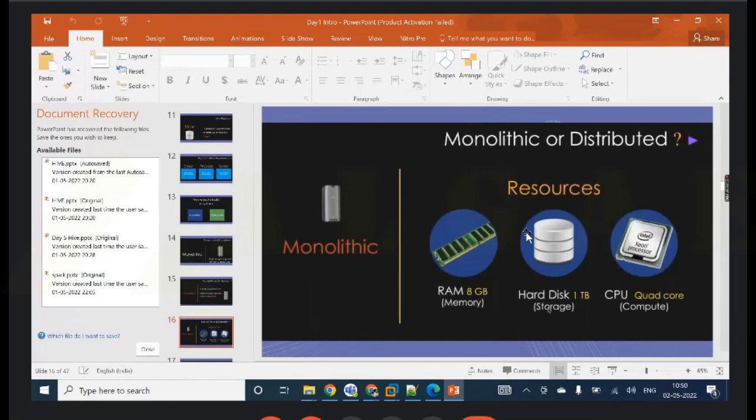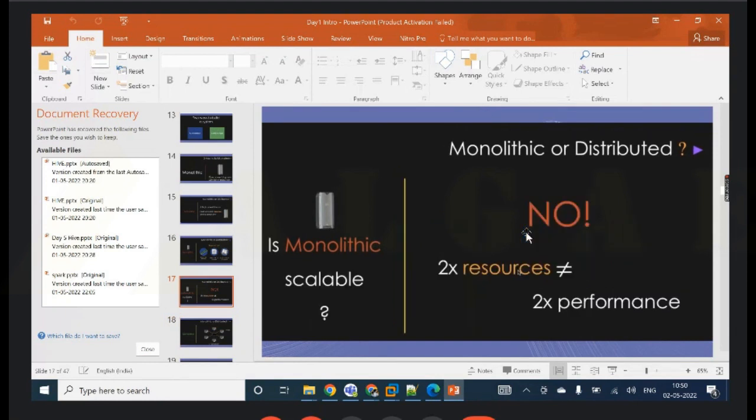इसमें हार्डली क्या क्या रहता है, हमारा CPU रहता है, एक हार्ड डिस्क रहता है, एक रैम रहता है. अगर तुम रिसोर्स इंक्रीज कर रहे हो, your performance is not increasing that much. जैसे कि फॉर एग्जांपल, 1 GB का सर्वर है, 1 TB का सर्वर है मेरा, ठीक है.